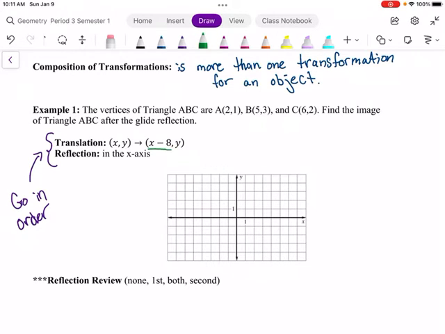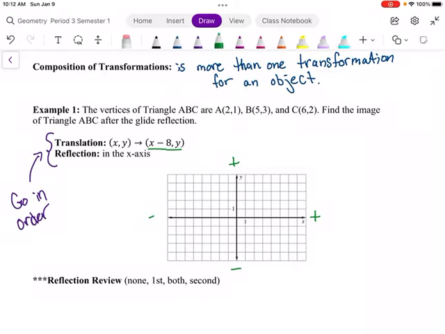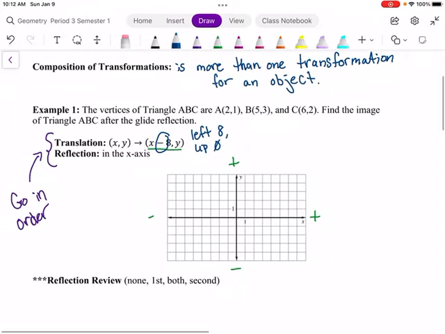And remember, this is our rule for the translation. If it's adding or subtracting with the X, that tells us to go left or right. If it's adding or subtracting with the Y's, then it's going to tell us to go up or down. So for this one, we're subtracting 8, so that means we're going to go left 8. And we're going to go up 0 because nothing is being added or subtracted to the Y.